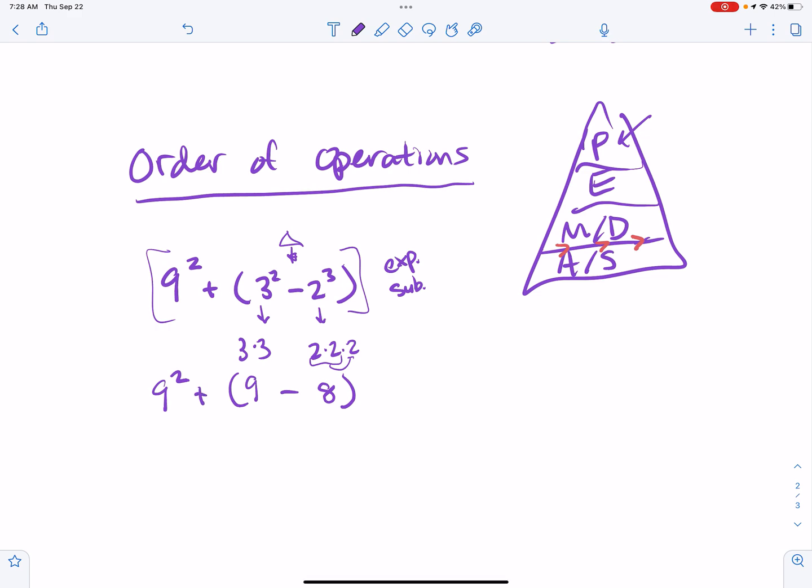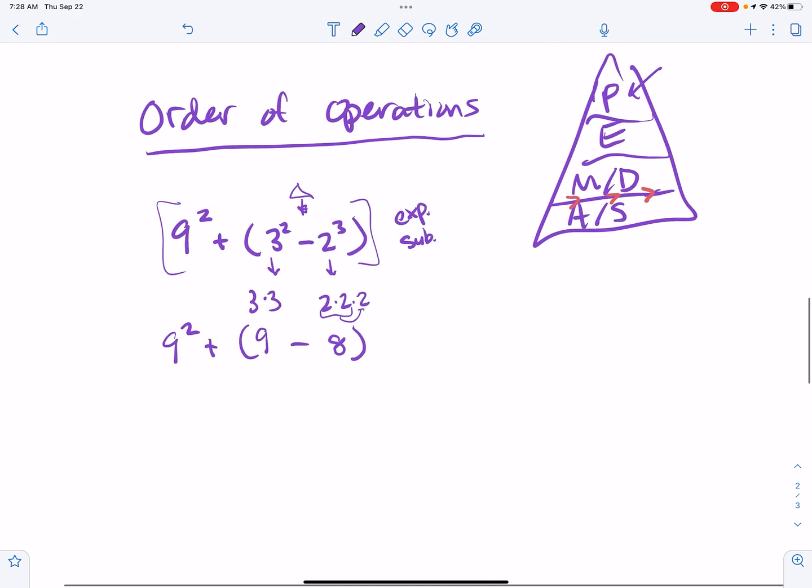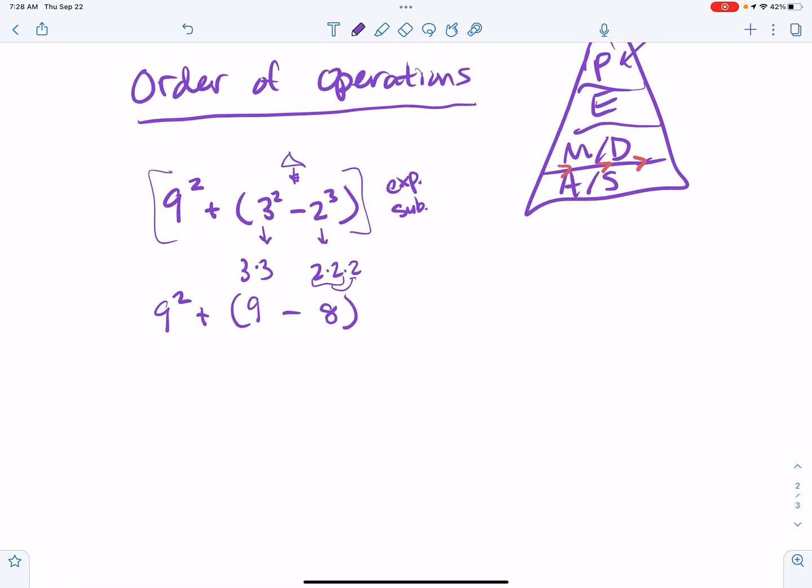When doing order of operations, I strongly encourage, require, that you write down every single step. If you notice, we only solved these 2 parts to get this here, but then transferred all the rest of the work that we have to do down with us.